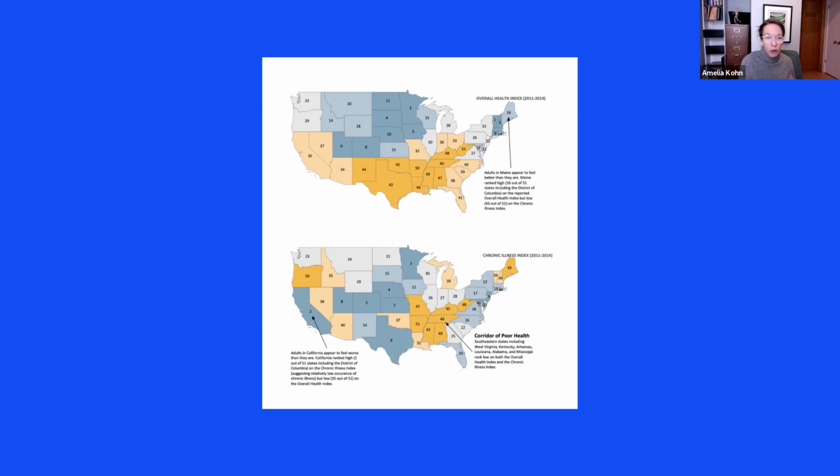States in the darkest blue are the healthiest states, those in the darkest red are the least healthy states, and those in gray are somewhere in the middle. That's what's called a diverging color palette. So it makes it really easy, for example, to pick out things like the corridor of poor health in the southeast that we see on this map.